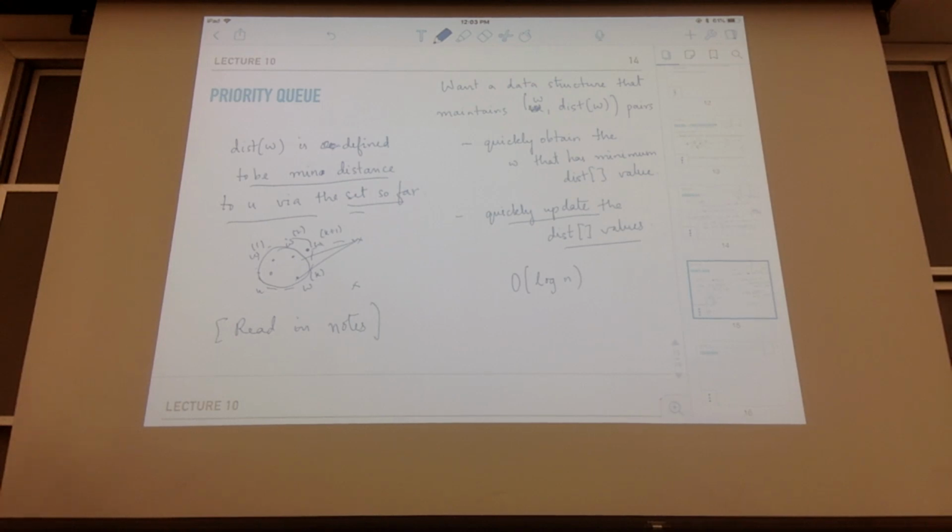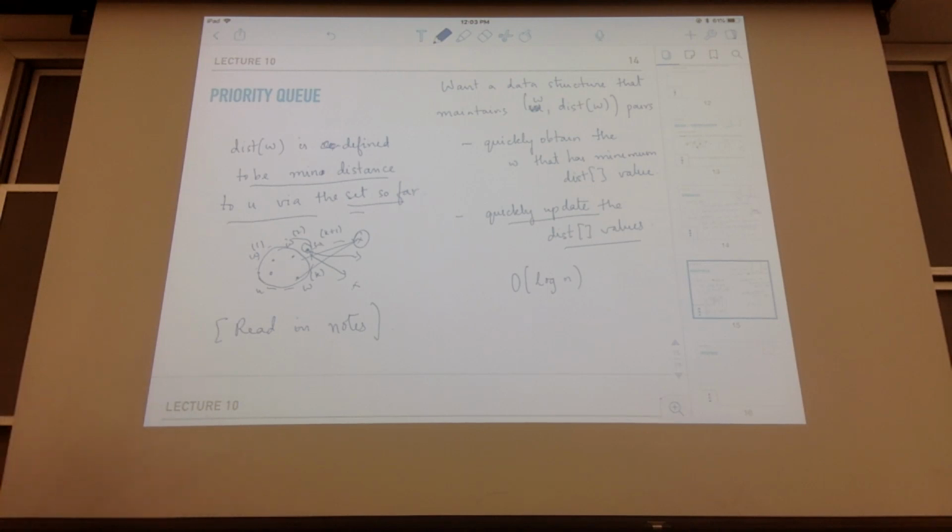I mean, it turns out that you have to do the natural thing. When you added a Wk plus 1, you don't update the disk values of all the vertices. Just update the values of vertices that have an edge out of Wk plus 1. Okay? Because those are the only values that could potentially get updated.